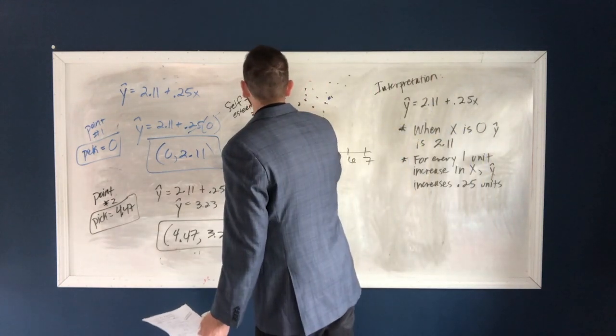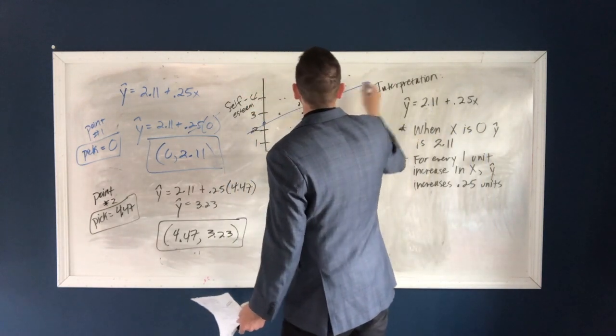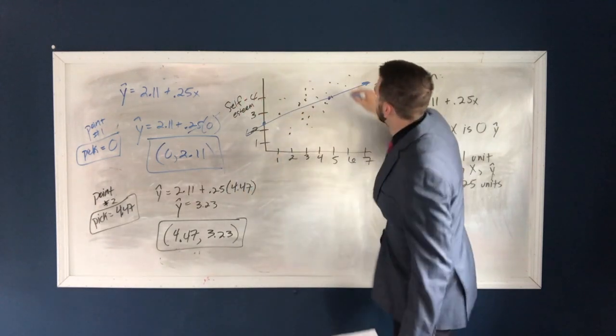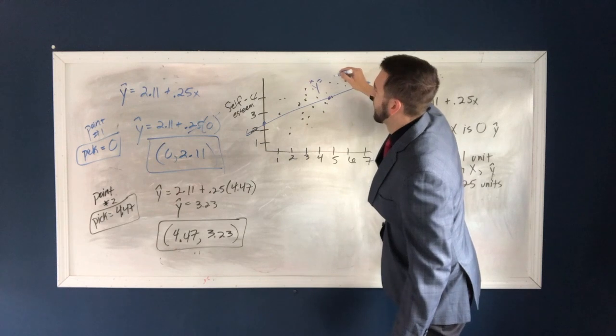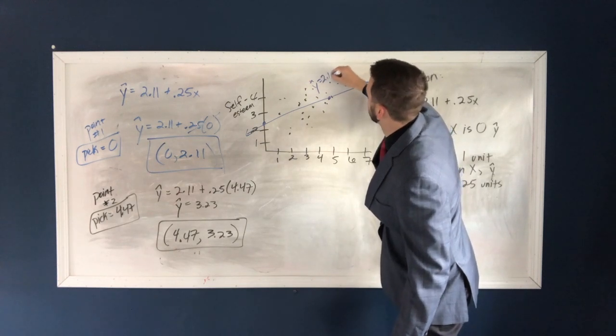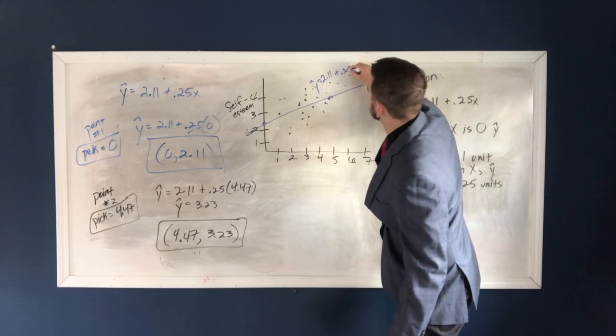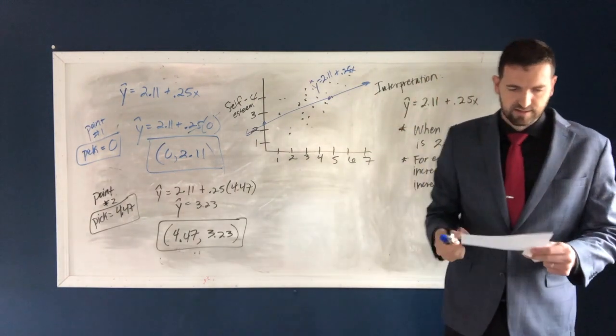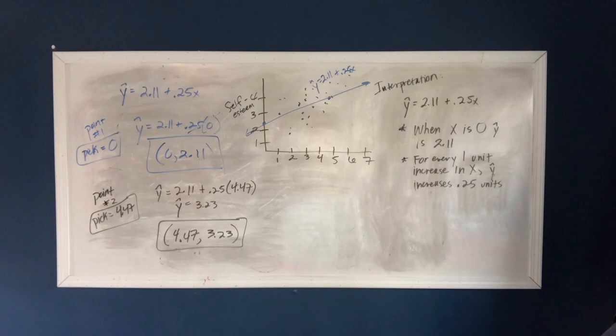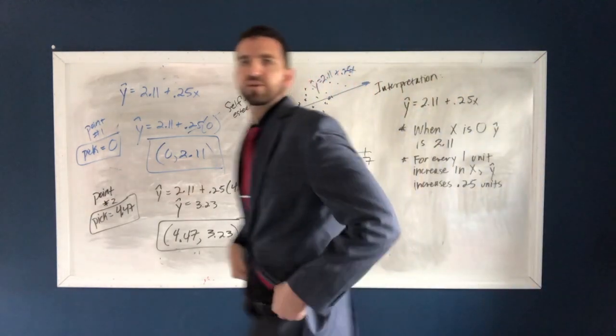So then you draw a line through those 2 points, and then you could add your regression equation, or line of best fit. Y hat equals 2.11 plus 0.25x. Okay, and then that is all that I have for you today.